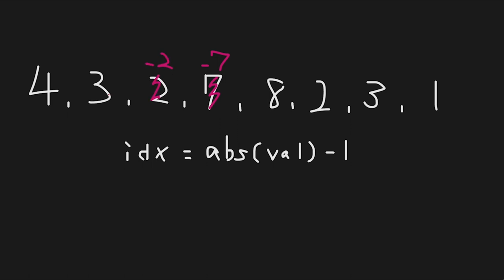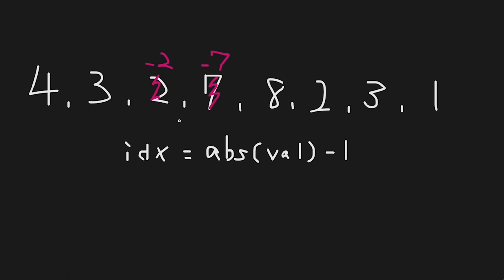And then move next. Now index 2 is a negative 2. So every time we get the absolute value, because we need the index number, and the index number is positive, not negative. Like in this case, the number is already negative.